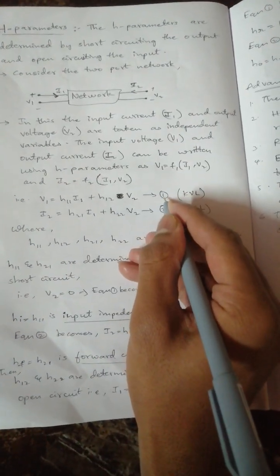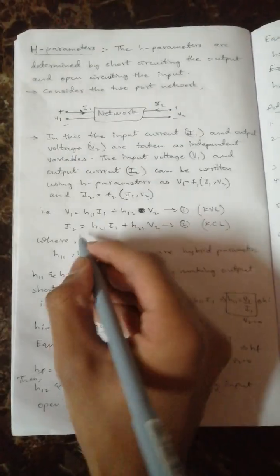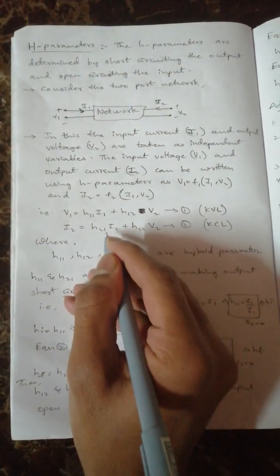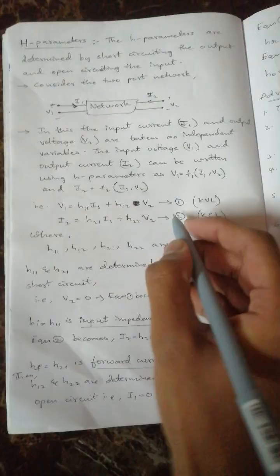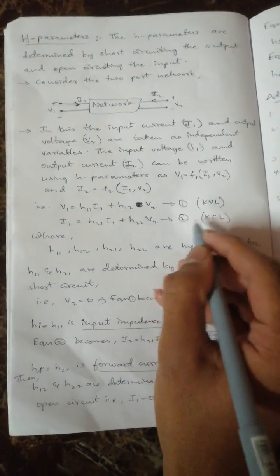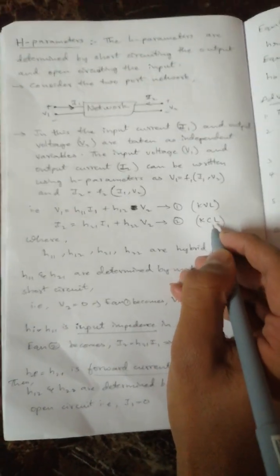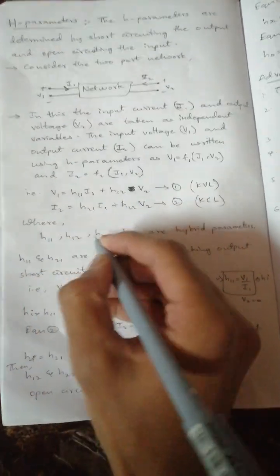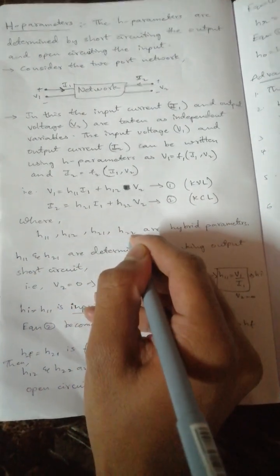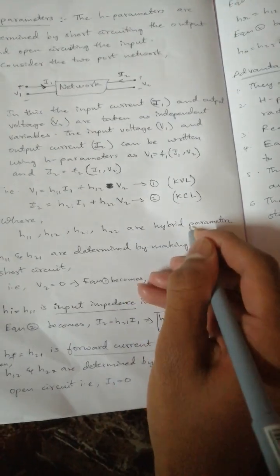Take it as the first equation. This is KVL. I2 is equal to H21 I1 plus H22 V2. Take this as the second equation. This is KCL, where H11, H12, H21, H22 are called hybrid parameters.